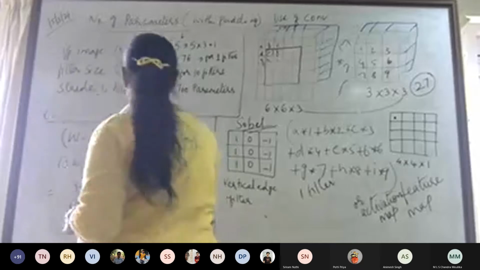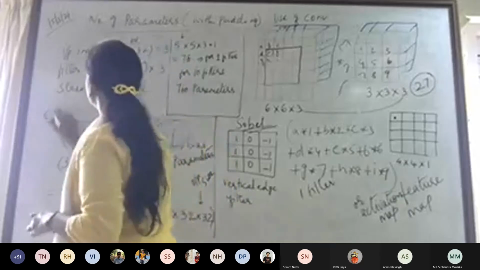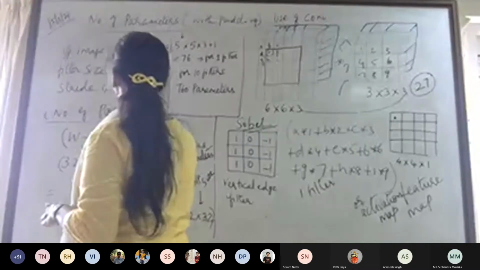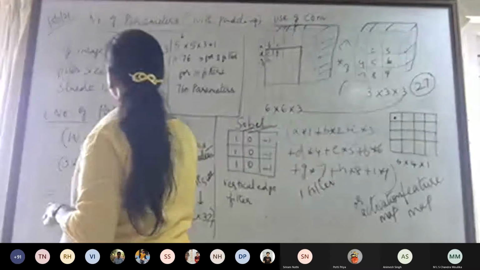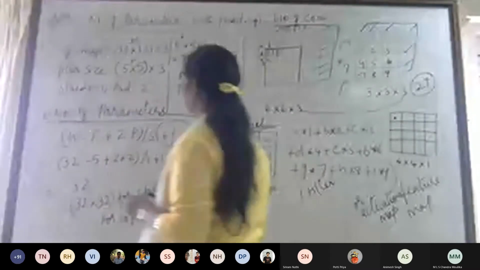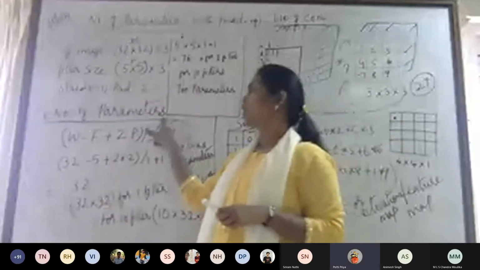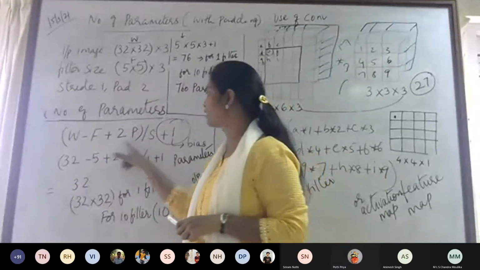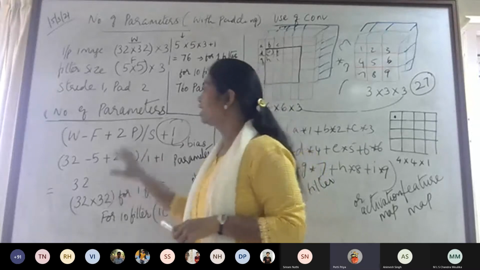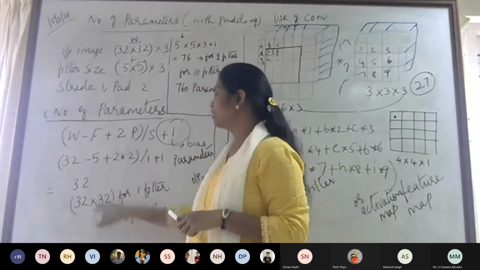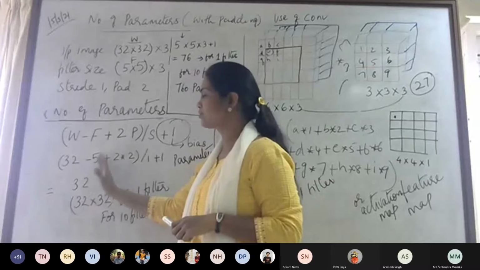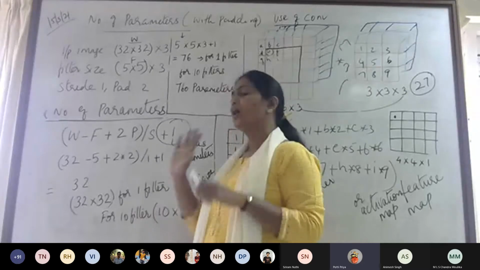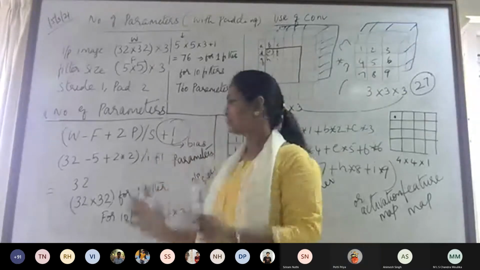I will write this as number of parameters. I think now it will be clear. If you want to find the number of parameters, then this is the formula. This is for one dimension. You have to write it as 32 by 32 for one filter for one image.